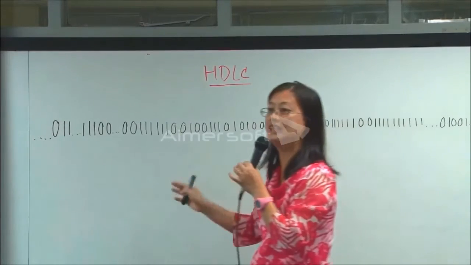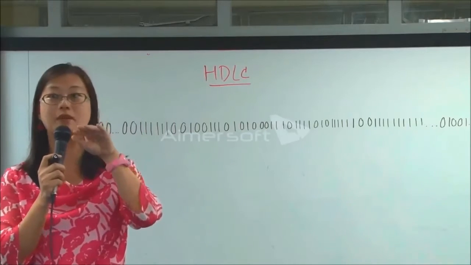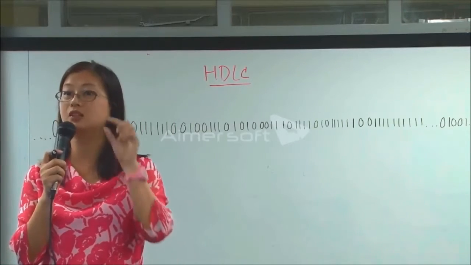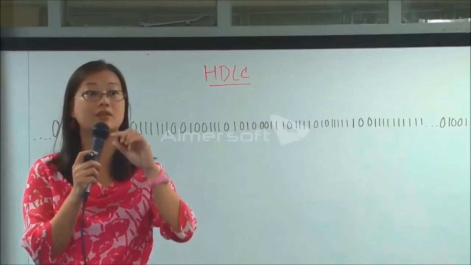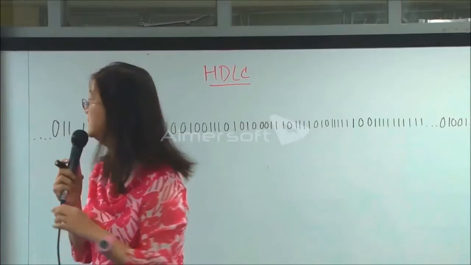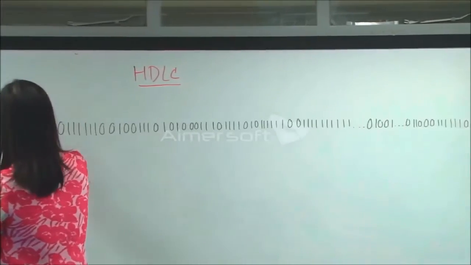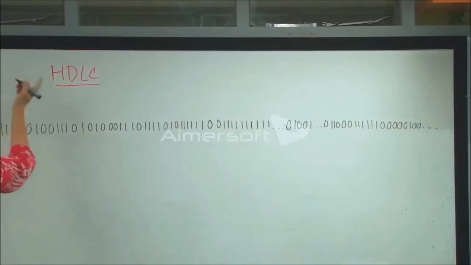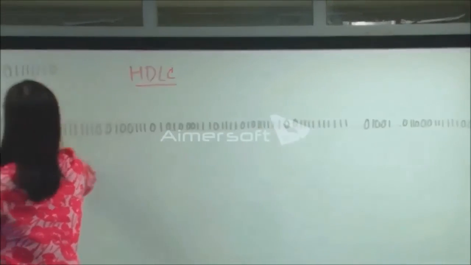Suppose you receive this. You are a receiver, and remember that we have the 7-layer OSI model. In the data link layer, we receive from the physical layer a binary sequence. Now, the flag looks like this for HDLC: 0, 1, 1, 1, 1, 1, 1, 0.